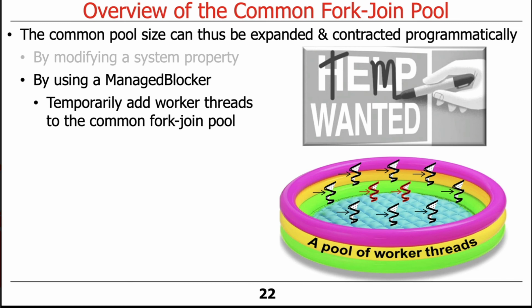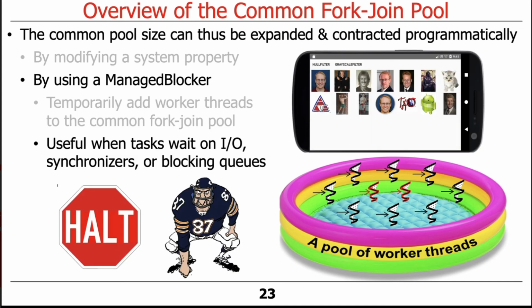What it does is it temporarily adds worker threads to the common fork join pool as needed. And this ability to add these threads on demand automatically is particularly useful when tasks wait on I/O, synchronizers, or blocking queues.